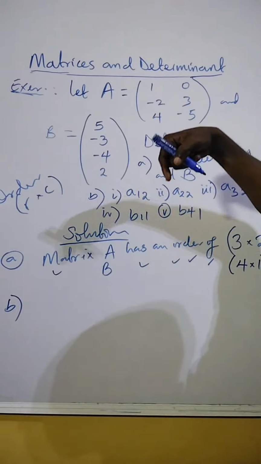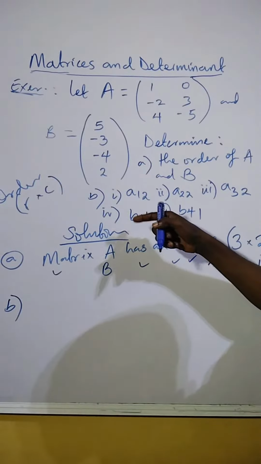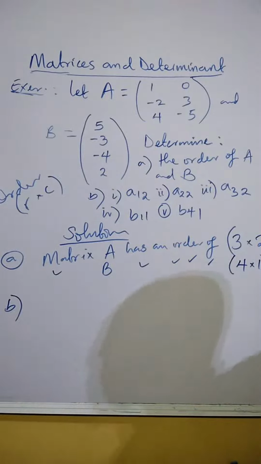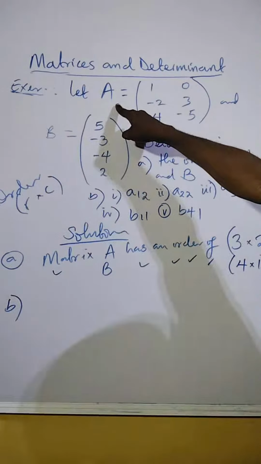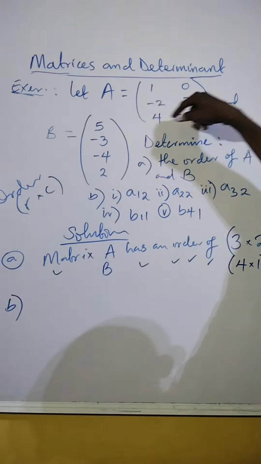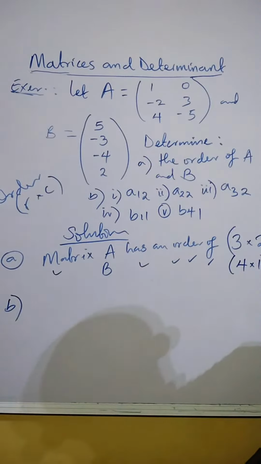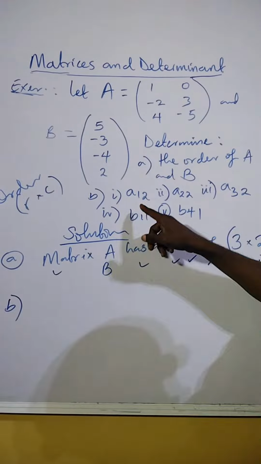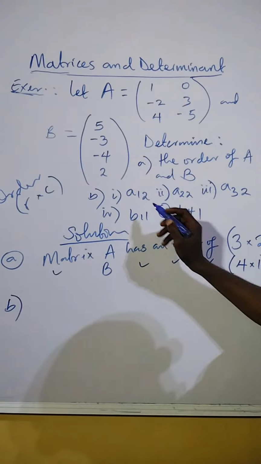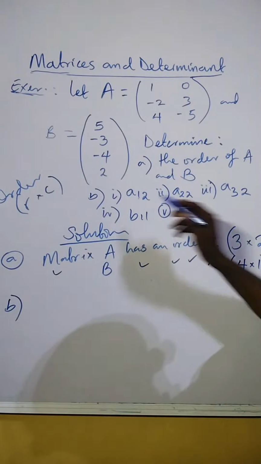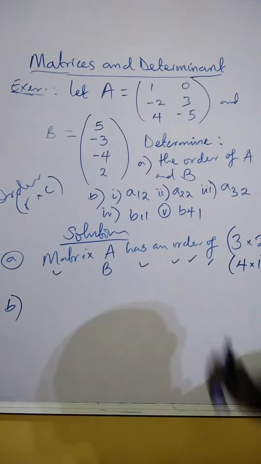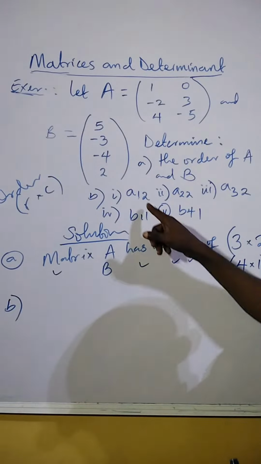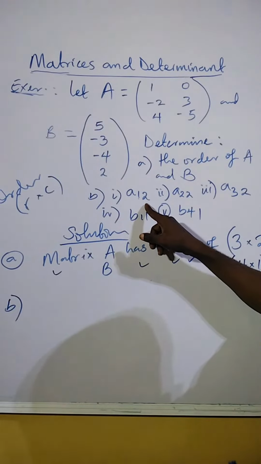That is A12. A here means it is in matrix A, since capital letter A is used for the matrix, the element there will be denoted in small letters. So A12 means element in matrix A, which is in row 1 and column 2. Each of these subscripts has a meaning.